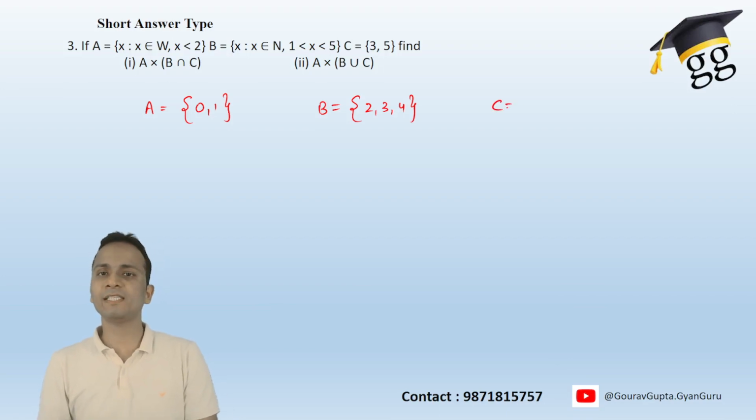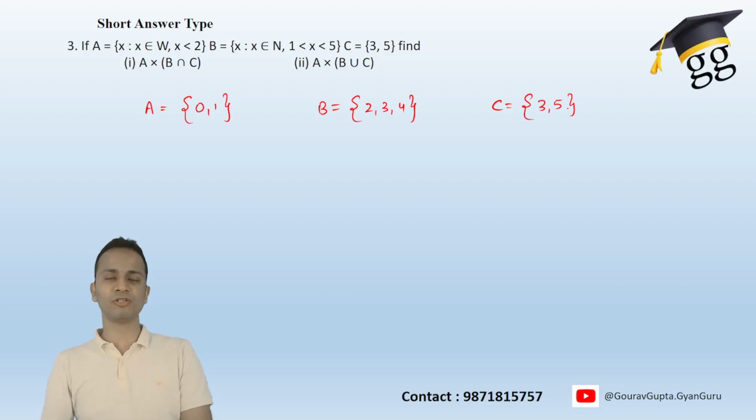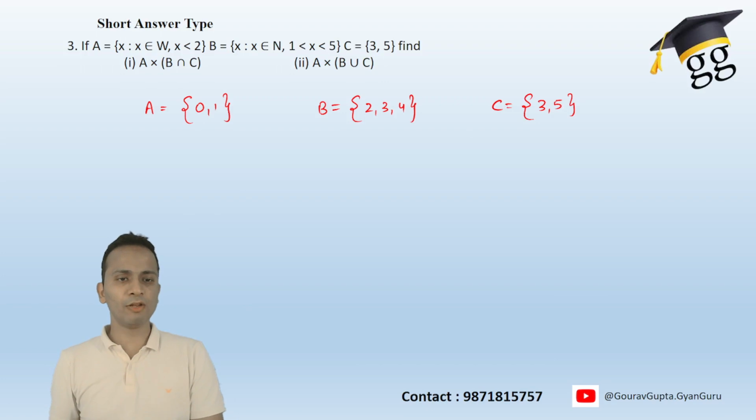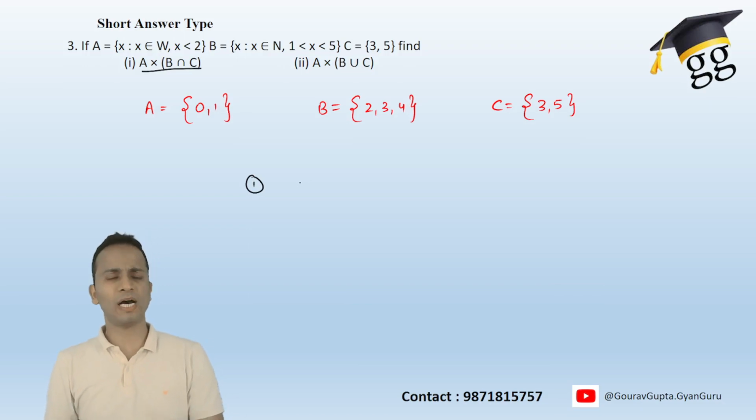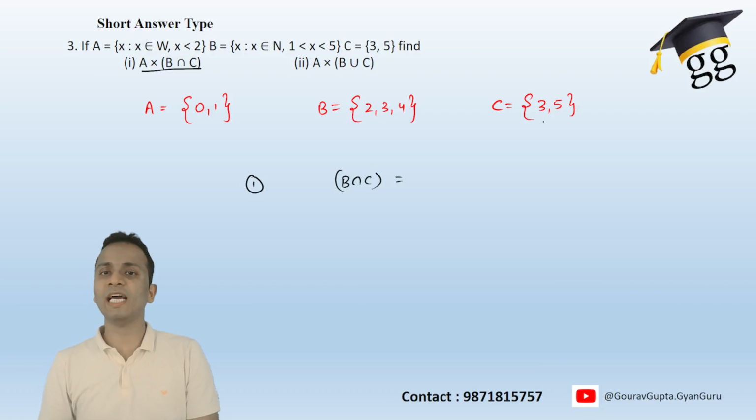Now set C is already given clearly. The elements of set C are 3, 5. Now let's talk about the first part, A cross (B intersection C). I already have set A, and now I'll calculate the intersection of B and C, the common elements. Set B has 2, 3 and 4 and set C has 3 and 5.